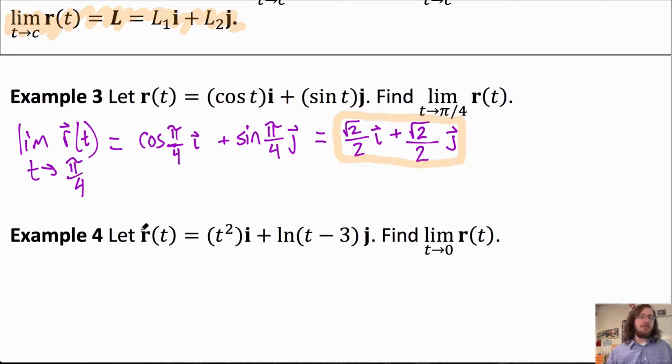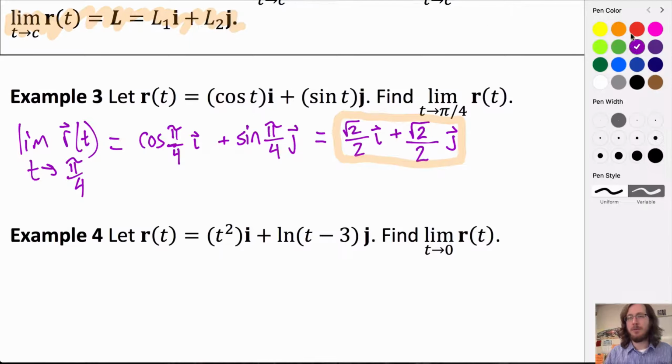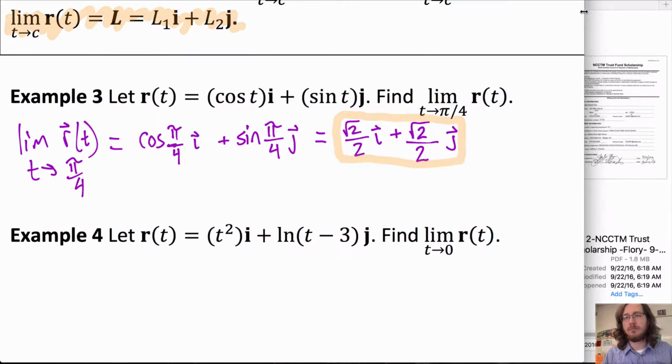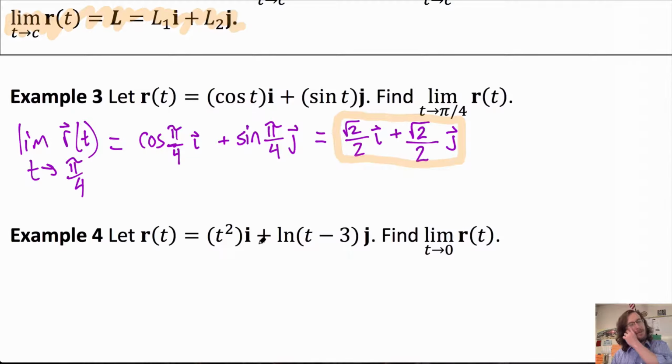All right, another example, example 4, says let r of t equal t squared i plus natural log of t minus 3 j. Find the limit of r of t as t approaches 0. So we want to start this one off the same way.